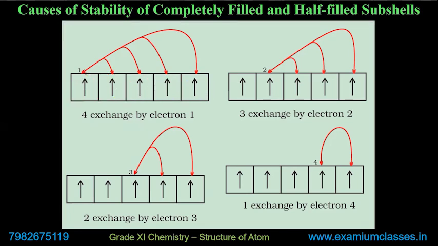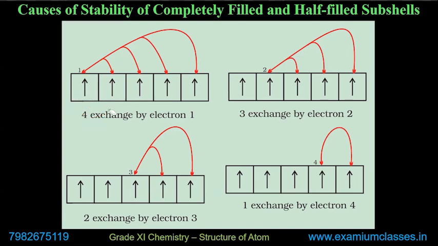If I consider this electron, only this electron, this can exchange itself with the second, means this can go in here and this can go here. Because these have the same energy, the energy difference is very, very low. So these can interchange their positions.